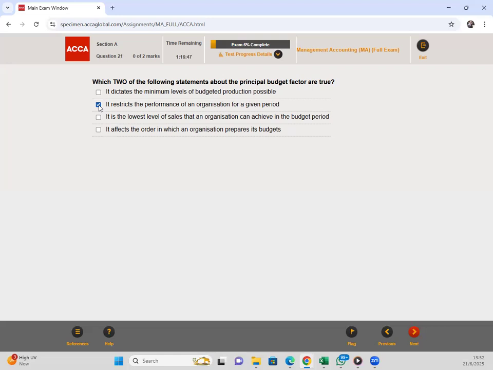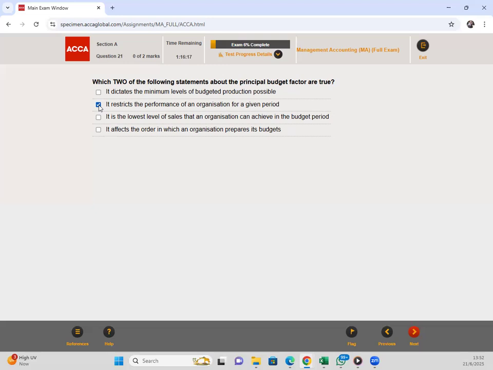If it's material, we can't produce with more material than we have. So it restricts us within that period. It is the lowest level of sales that an organization can achieve in the period. Not the lowest we can achieve, but it should be something that limits us.